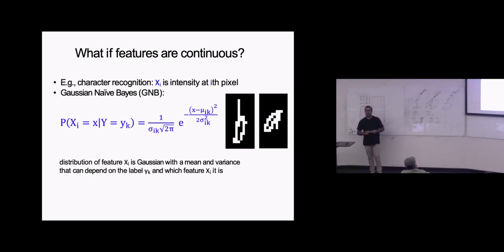It only understands numbers. So that is the task. Now, let's say I'm given a training data set of many different handwritten characters with the labels. And then the goal is to learn a classifier that will classify a new image into the right digit. That is our task. And we can use Naive Bayes to solve this problem.